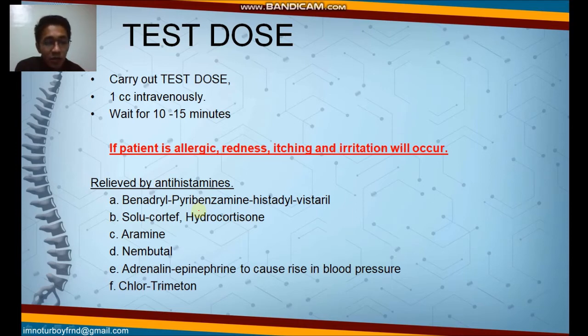Okay, so that is still for the test dose. And then after 15 minutes, then we'll continue. If ever no reaction towards the substance from the patient, then the examination can continue.